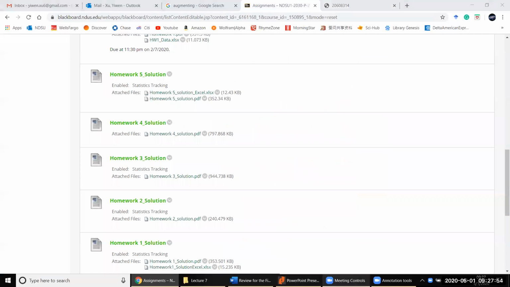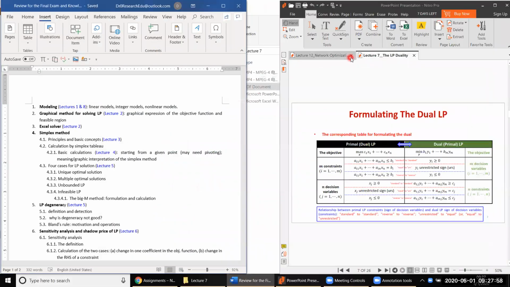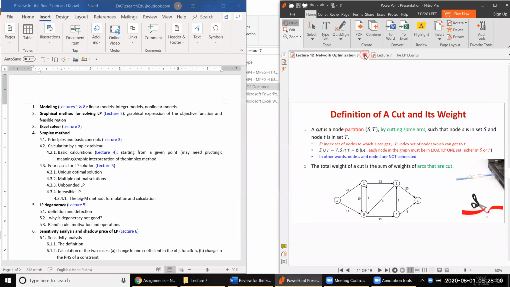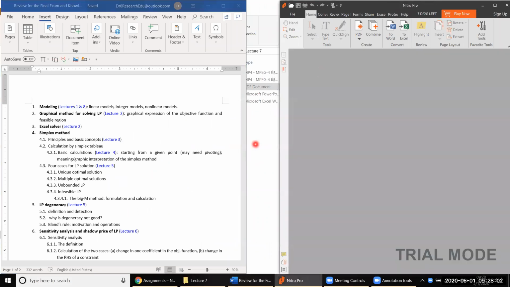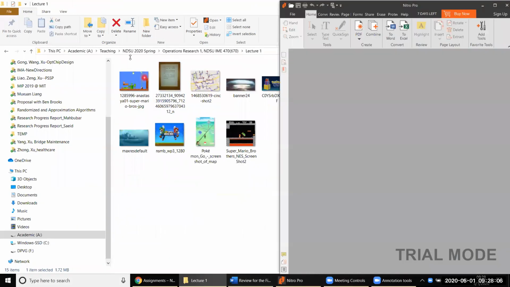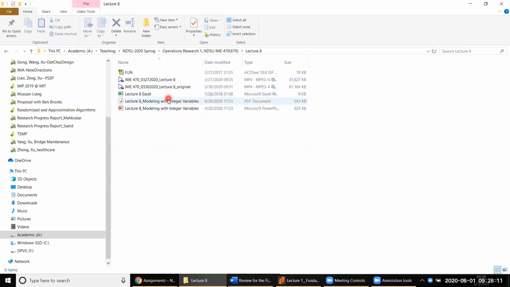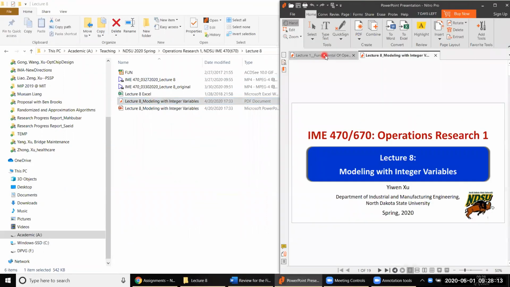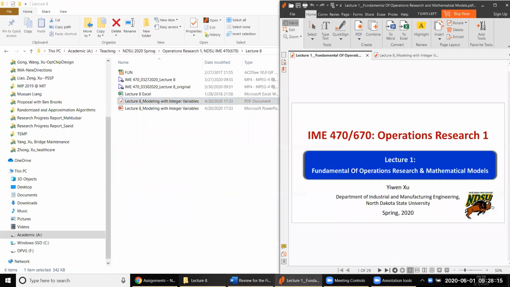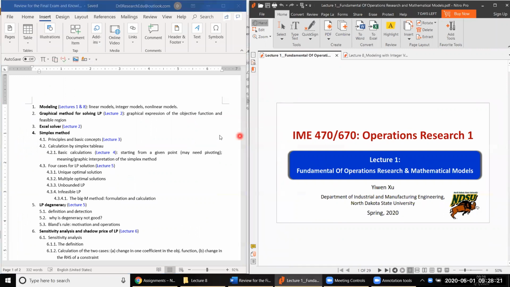Now let's have a look at the review part. I need to open the lecture notes to make it more clear. First of all, in lecture 1 and also lecture 8, I believe, we mentioned something about formulation, the models, okay?